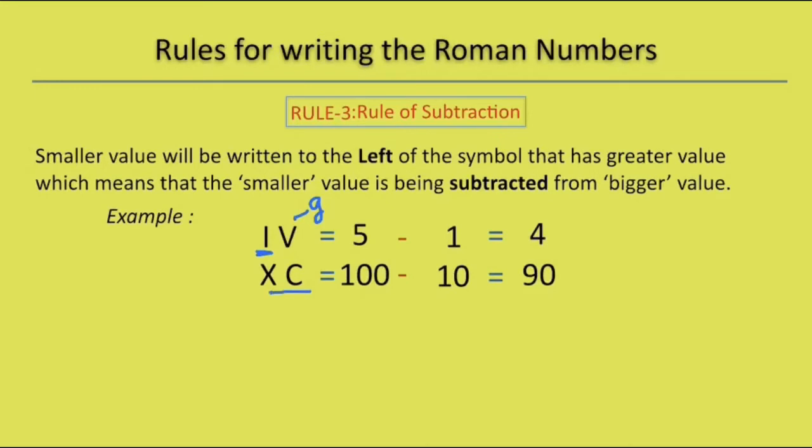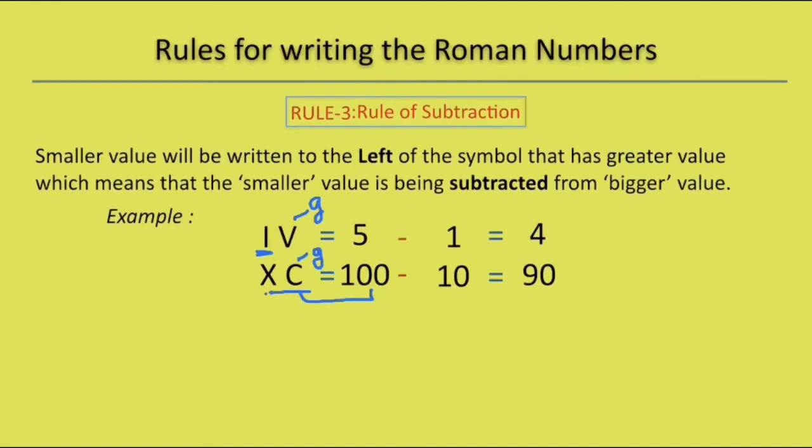In this example, you are seeing X is placed to the left of the greater value C. So you have to subtract X value from C, that is 100 minus 10. C value is 100 and X value is 10.